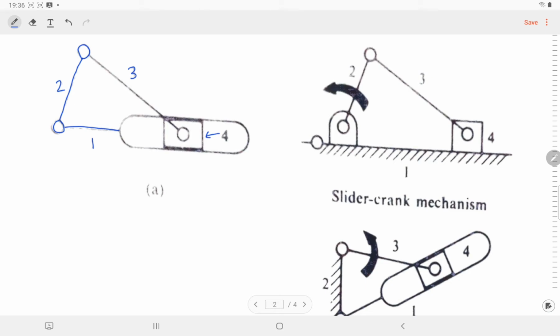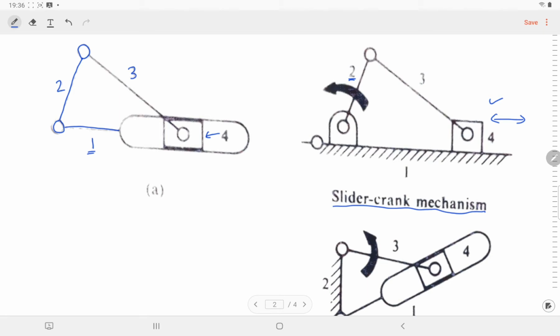Now if we fix link 1, we will achieve this mechanism, and this mechanism is known as the slider crank mechanism. So in this slider crank mechanism, by rotating link 2, we will get a linear oscillatory motion at link 4.